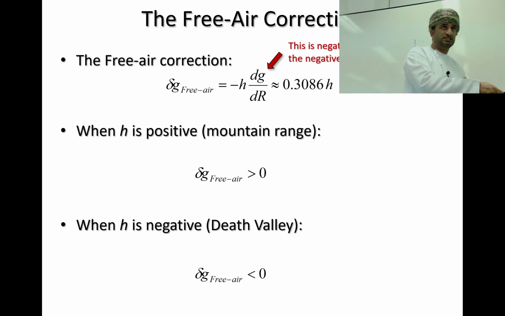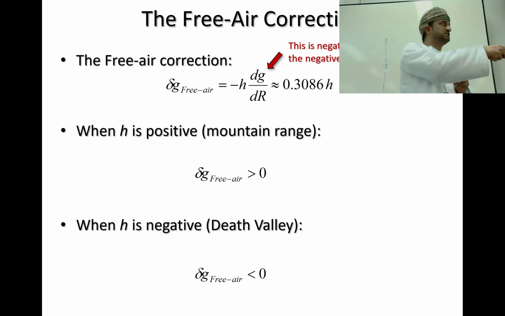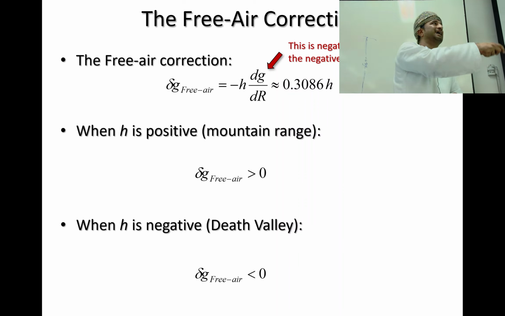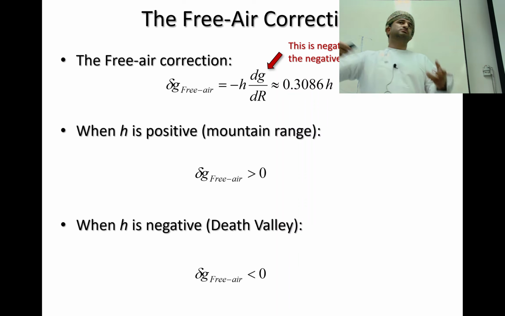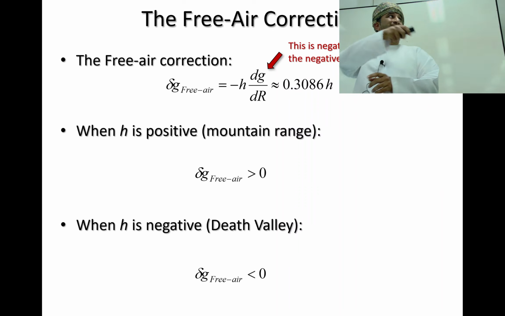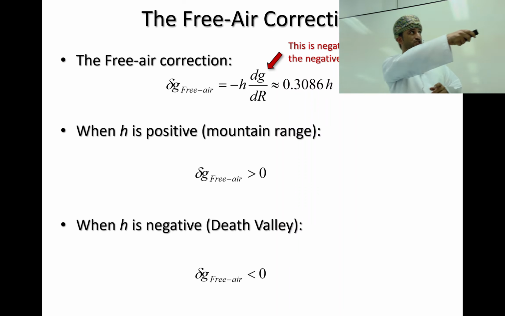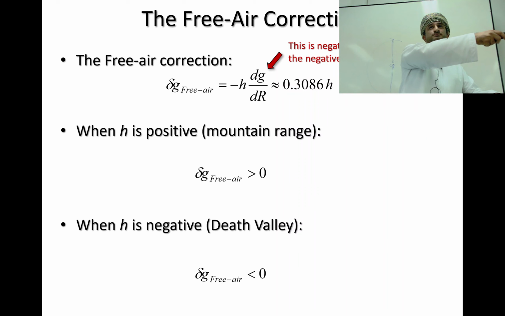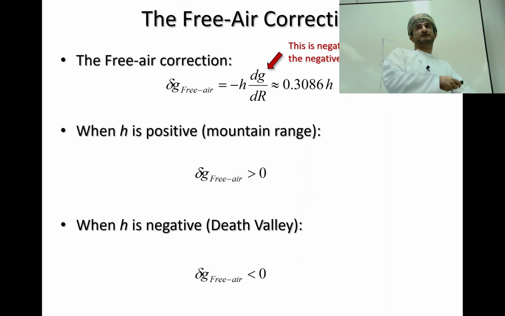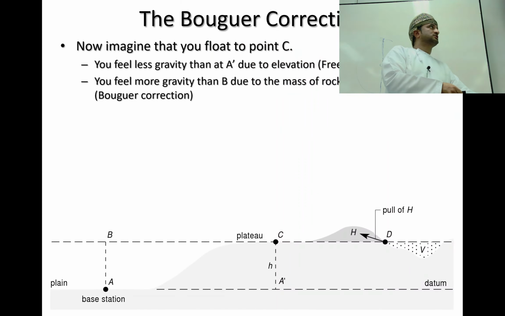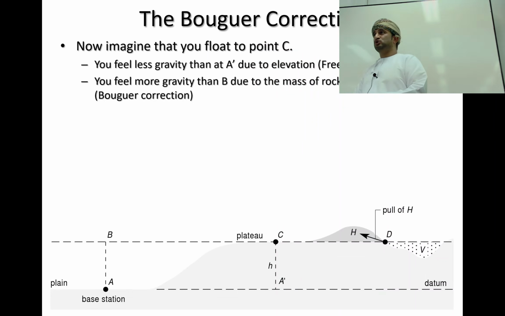In such cases, you add, per how many kilometers? H times that value. The correction value. So that was what we call free air correction.